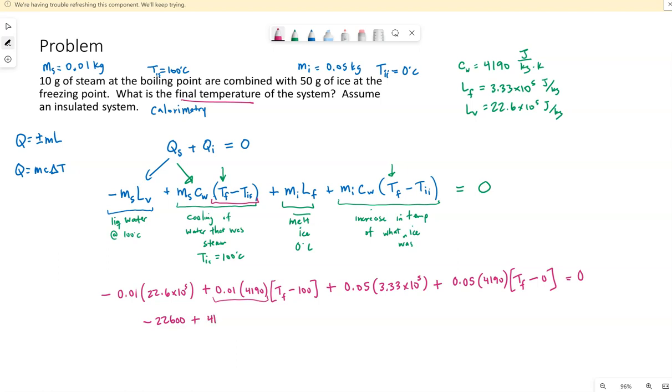So I get 41.9 T final minus 41,900 when I multiply it through to the 100. So that's this term. Oh, that one's 0, that's nice. Plus 209.5 T final.